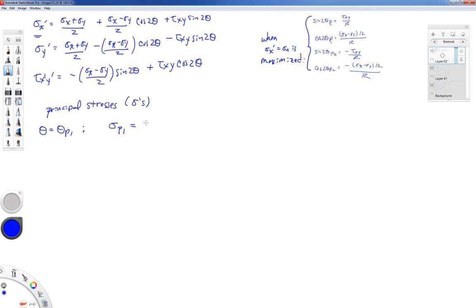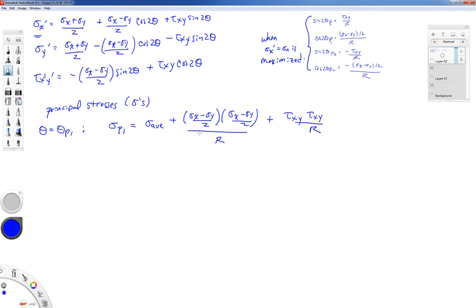We said we would call that sigma average, plus this quantity sigma x minus sigma y over 2. Cosine 2 theta p1 is the quantity sigma x minus sigma y over 2 divided by r, and then we're going to have plus tau xy times the sine of 2 theta p1, which is tau xy divided by r.